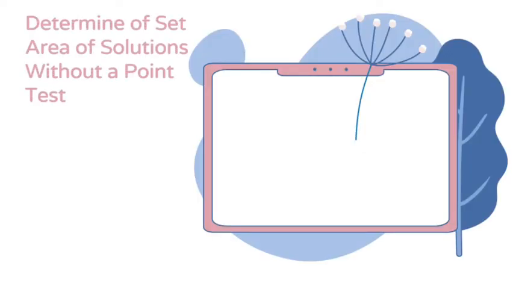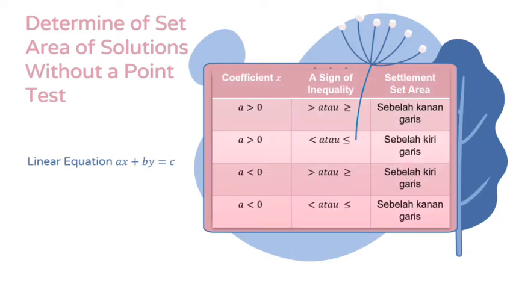Okay, next we determine the solution area without a test point. For a linear equation ax plus by equals c, you only need to look at the x coefficient, the value of a. If a is positive, or a is greater than 0, and the sign is greater than or greater than or equal to, then the area is to the right of the line.